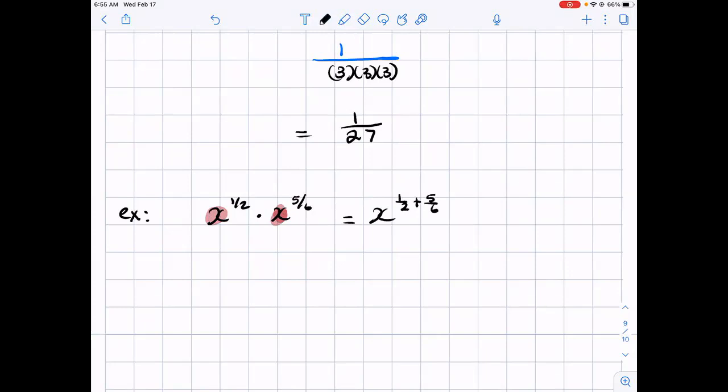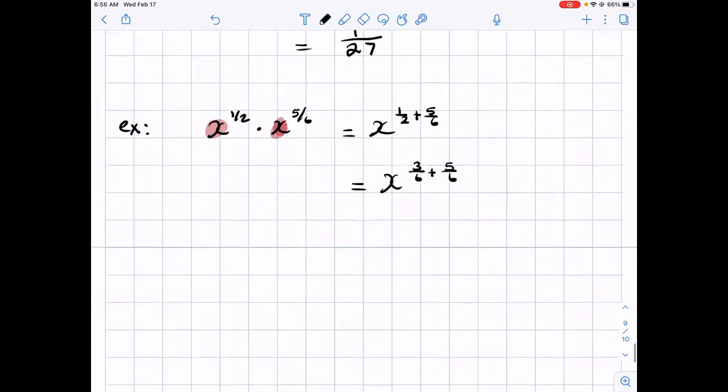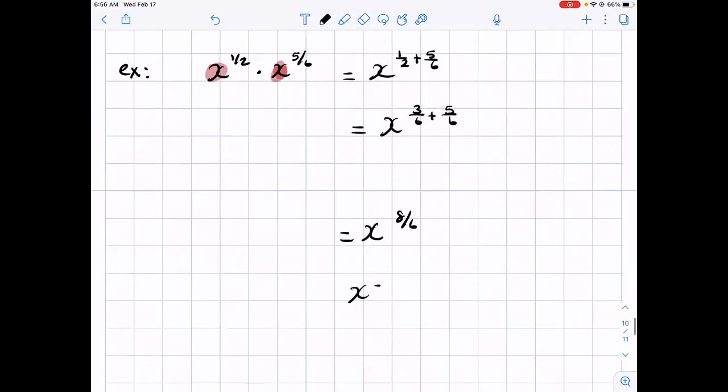The common denominator is 6, so this becomes 3/6 plus 5/6. So we have x to the 8/6, and 8/6 can be simplified. So this is equal to x to the 4/3. So the rules are the same when you add, multiply, divide, or distribute.